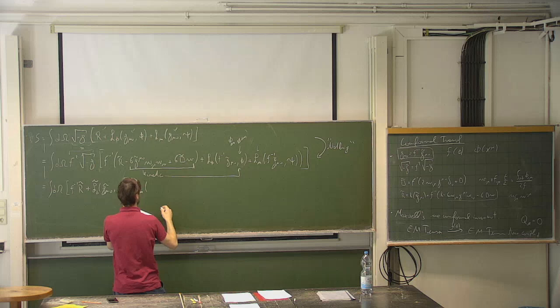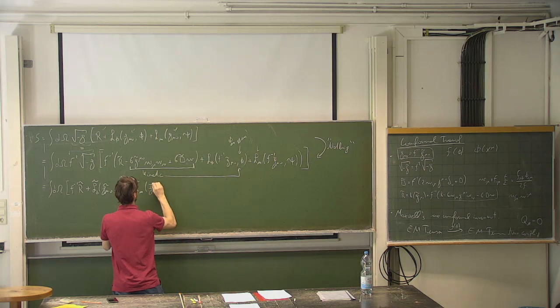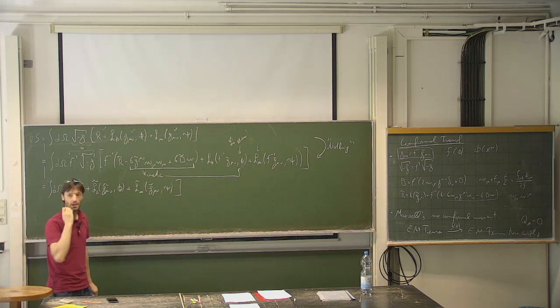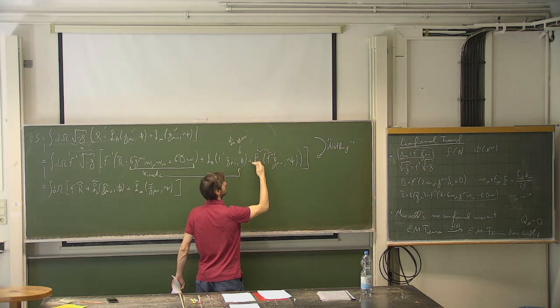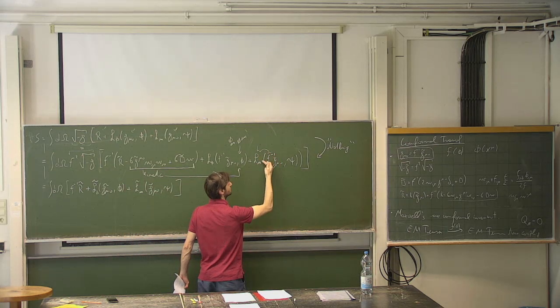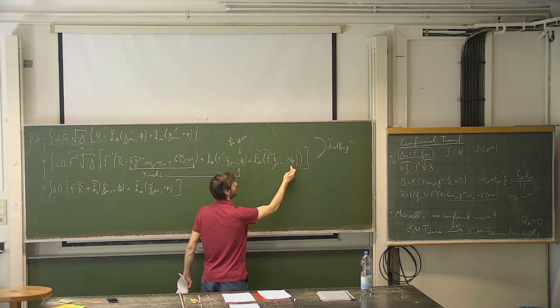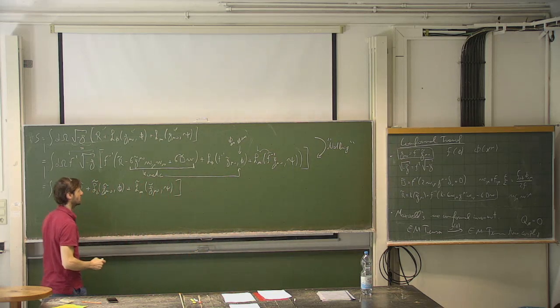Okay? And such that I can have our R tilde written there without this additional factor in front. So I just did it like that. I relabel lambda to lambda tilde such that this function, which is a function of g tilde mu nu and of the field phi, just contains also the inverse of the function f.